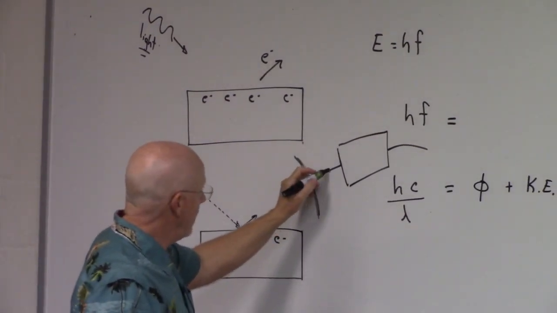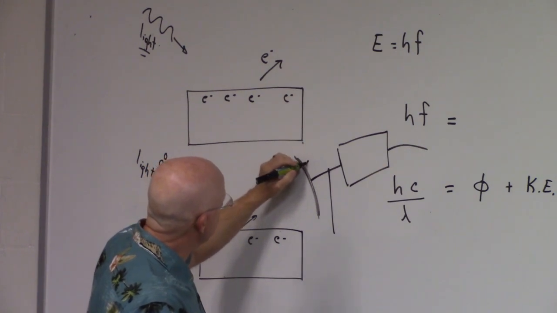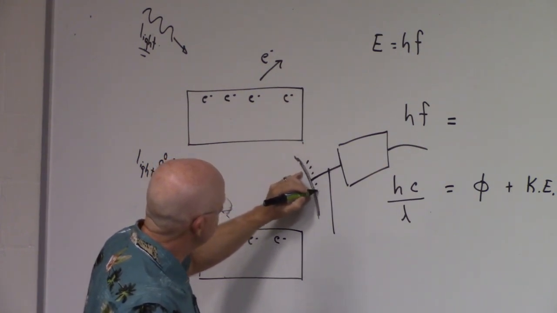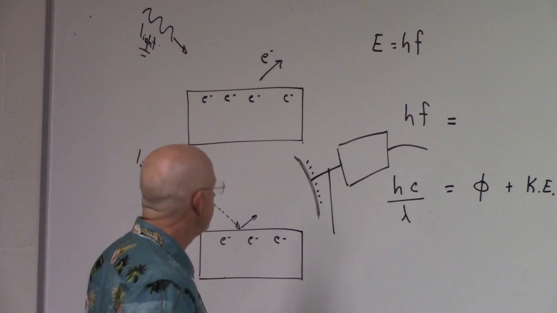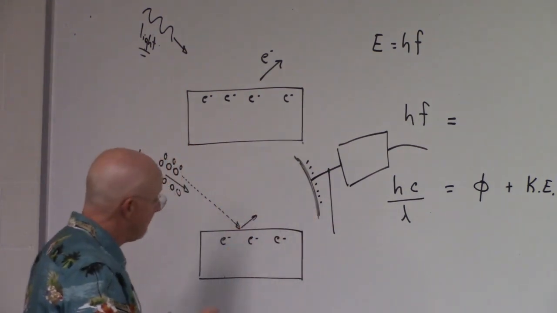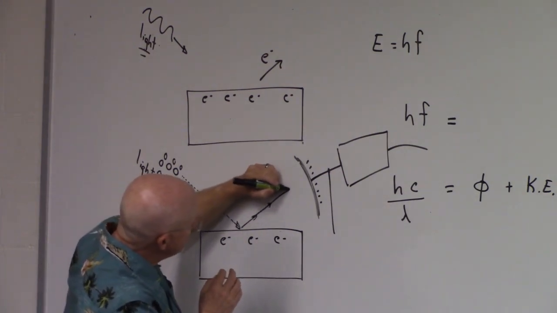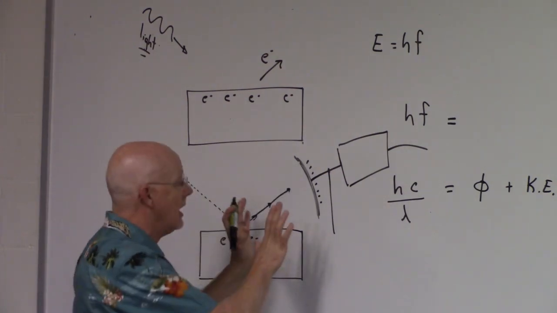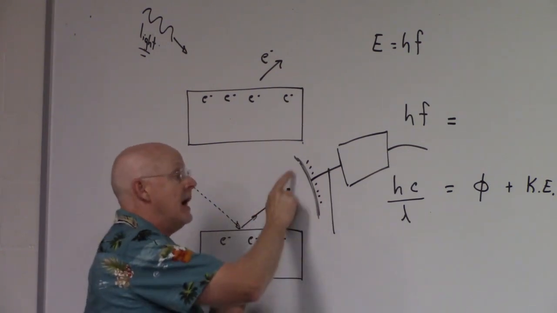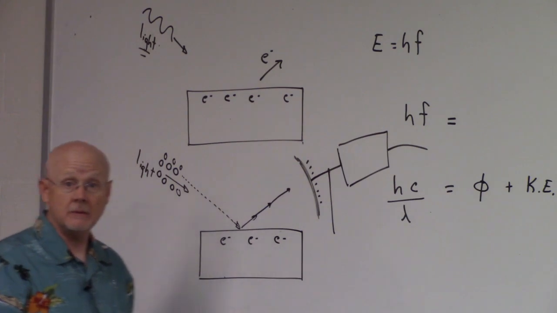But we are going to hook up a power supply. Maybe I'll just put negative, negative, negative here. Because if we make this metal plate negative, then these electrons that are trying to get to this metal plate are being repelled by the negative charges on this plate.